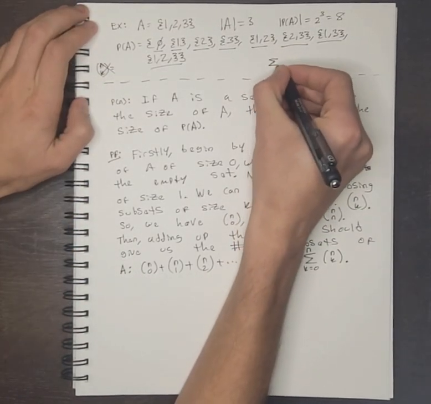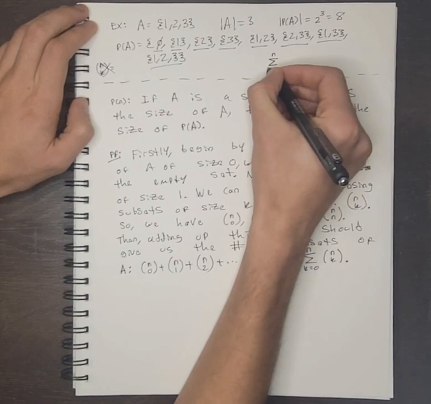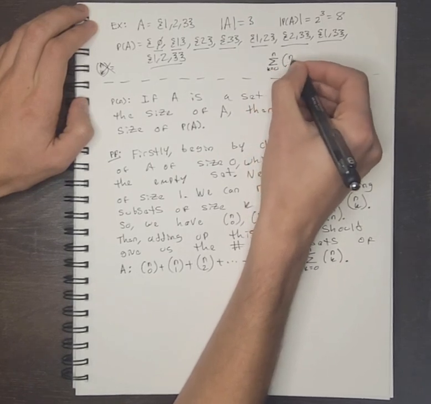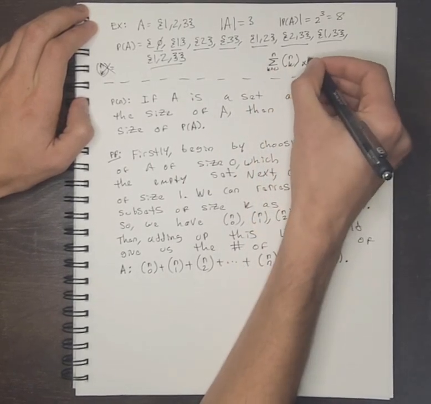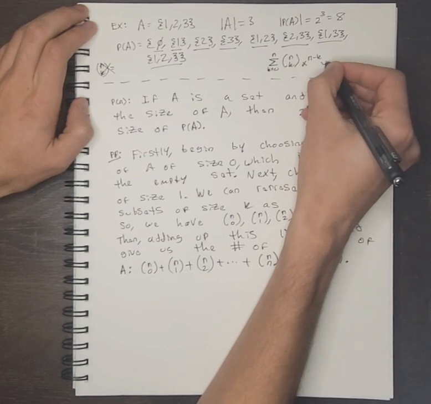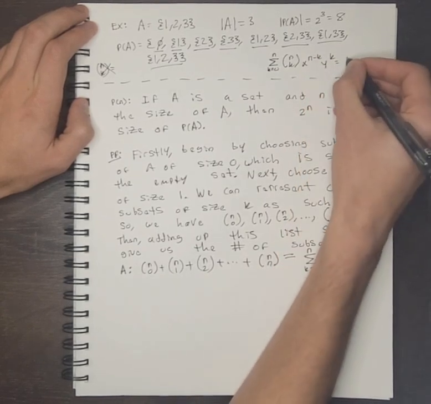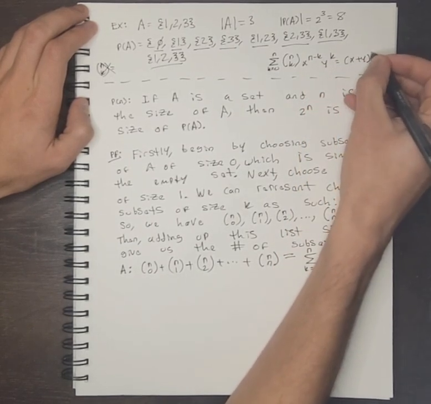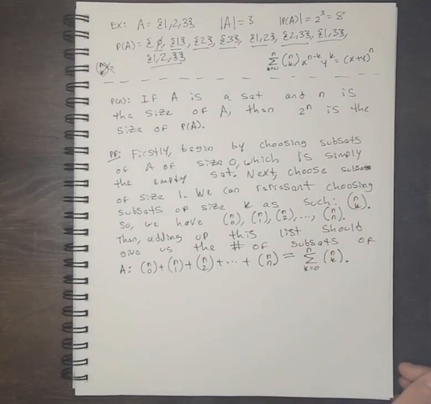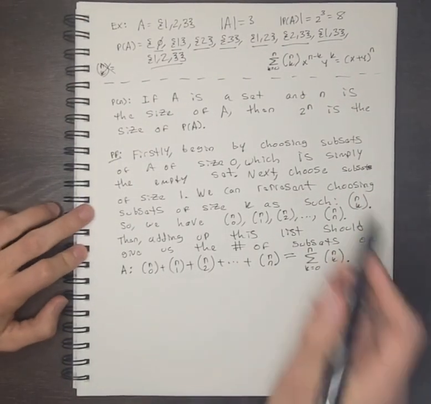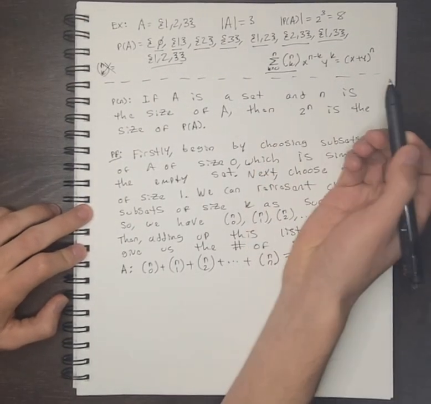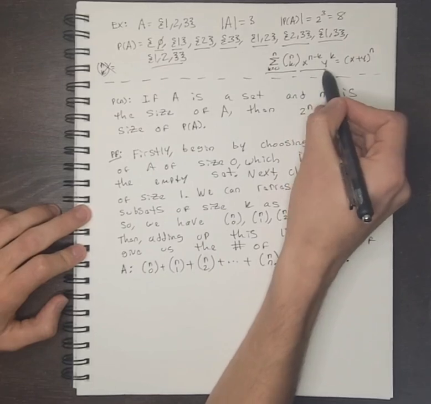It's essentially this: the sum of n choose k times x to the power of n minus k times y to the power of k is equal to x plus y to the power of n. So, if you notice here, we have this first part, and we're missing this second part.